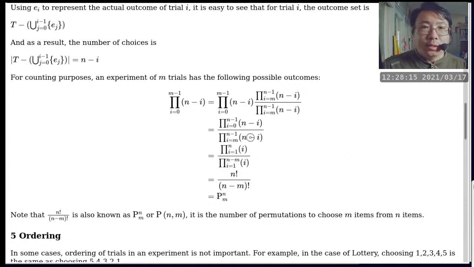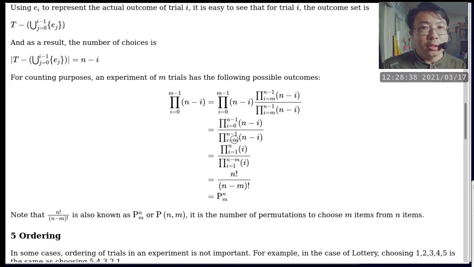Okay, so this expression is just n factorial. Now down here, we also do the same trick. When i becomes n minus 1, n minus (n minus 1) is just 1. That means the last number we are multiplying in this pi is just 1.